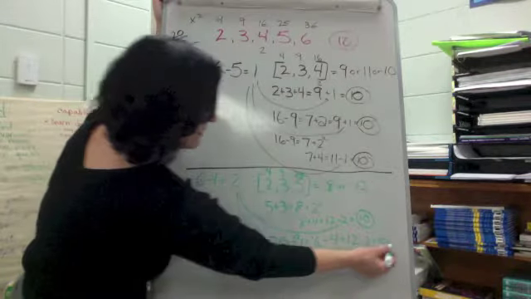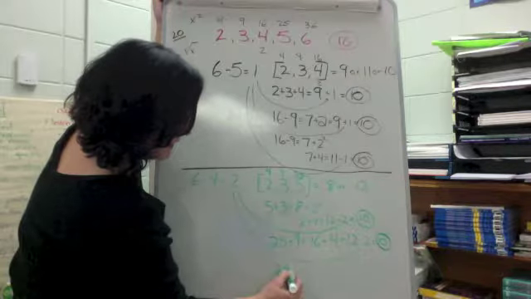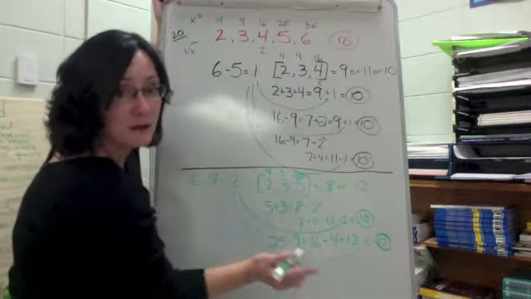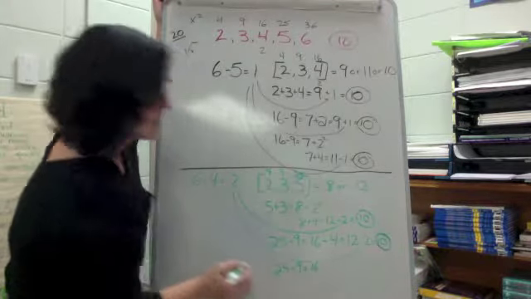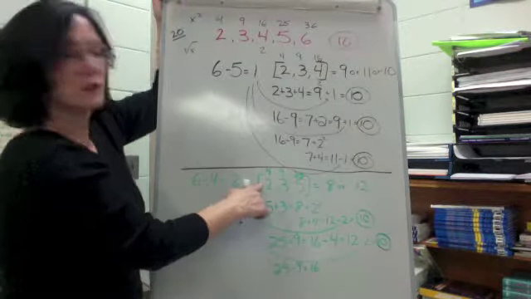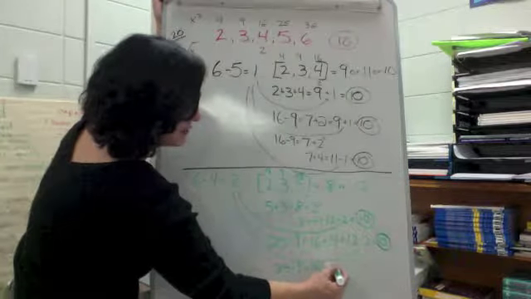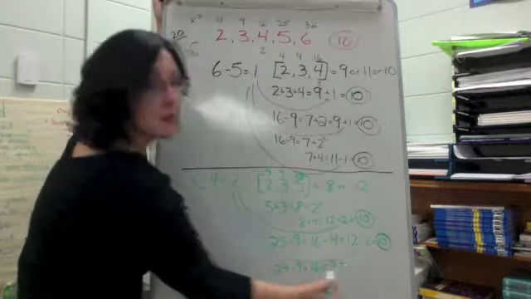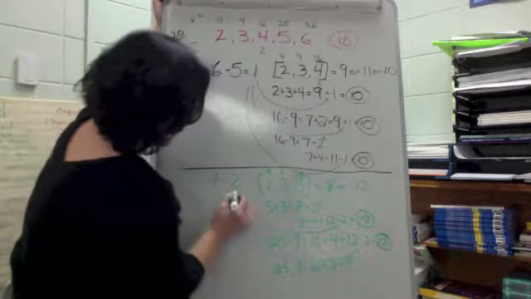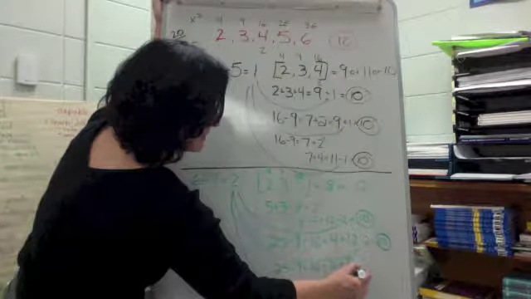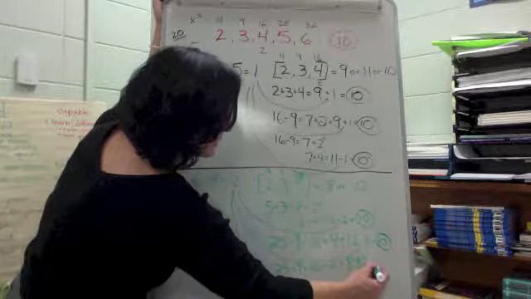Or I could also say 25 minus 9, 16. And then we could, using the base, divide that by 2. 16 divided by 2 is 8. Bring this number down. 8 plus 2 equals 10.